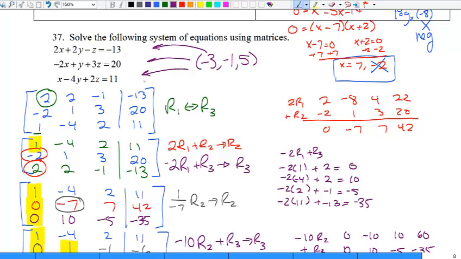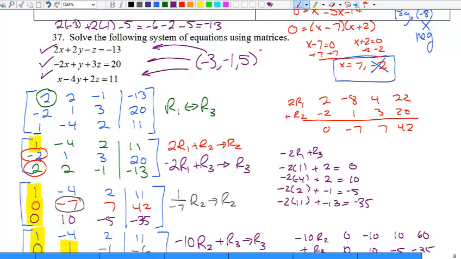I'll do one with you here. If you take 2 times negative 3, that's the first equation, plus 2 times y, which is negative 1, minus 5, that gets me, let's see, negative 6 minus 2, that's negative 8. Negative 8 minus 5 is negative 13. So it does work for this one. You can go and check the other two at your leisure.